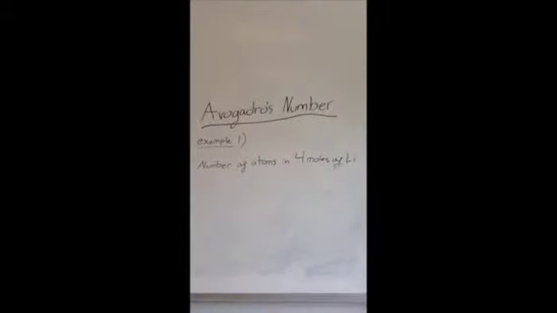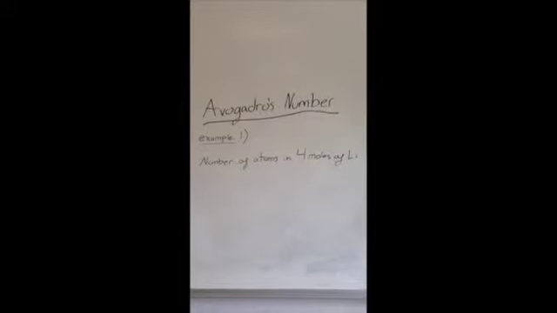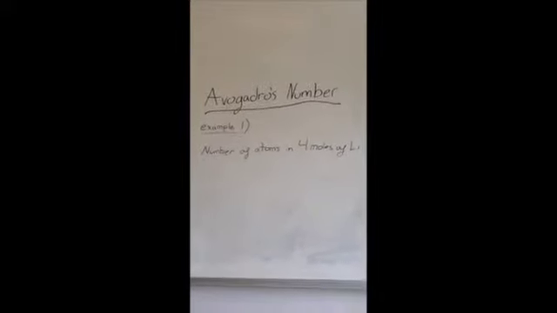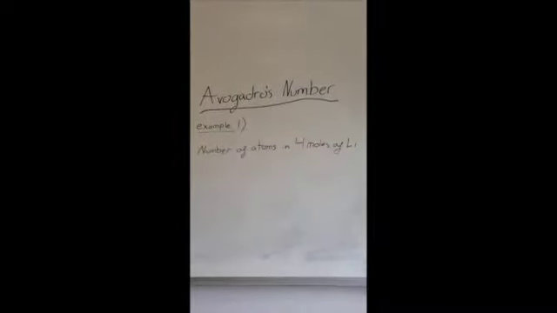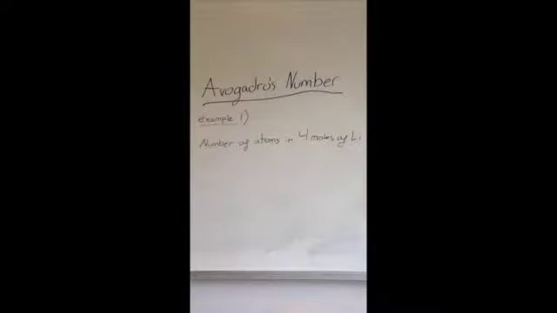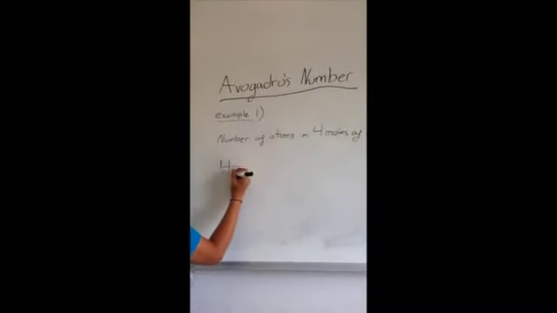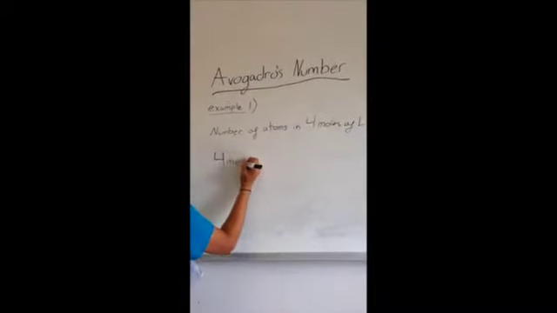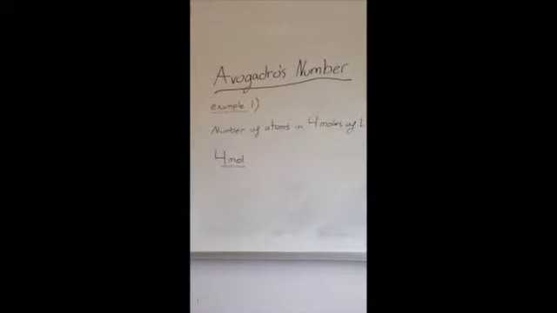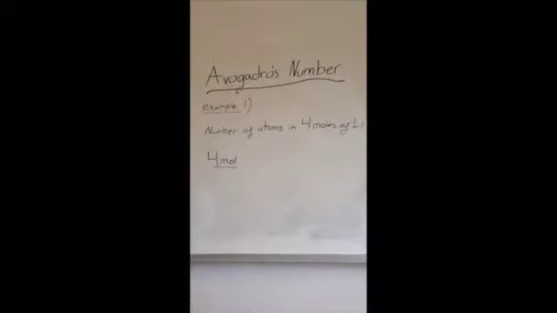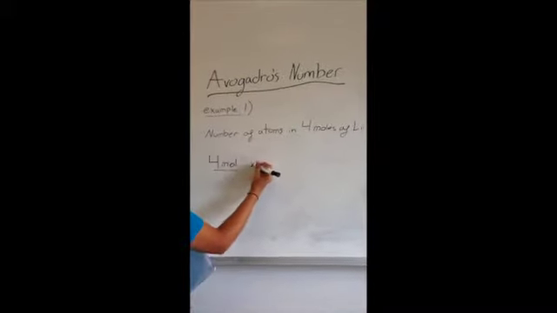Here's our first example of the use of Avogadro's number to find out how many atoms are in moles. This is a simpler equation using simply elemental lithium. We have 4 moles of lithium. Now, since there are 6.02 times 10 to the 23rd atoms in a mole, all we have to do is multiply.